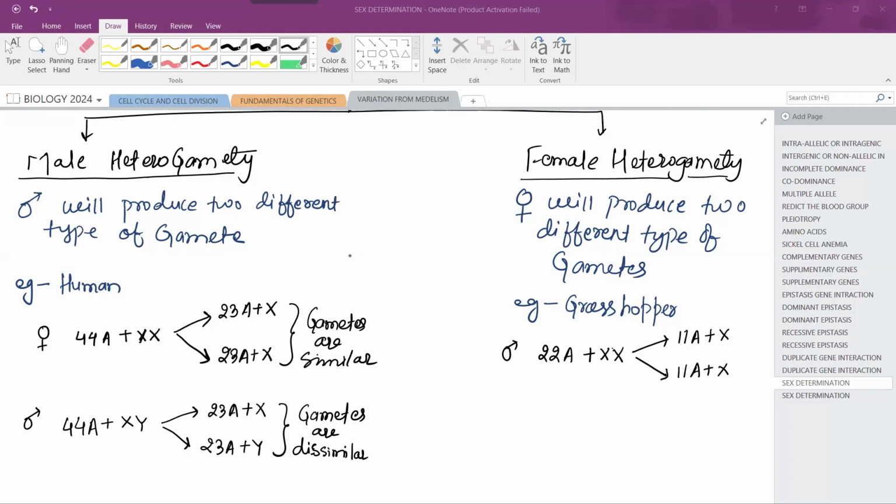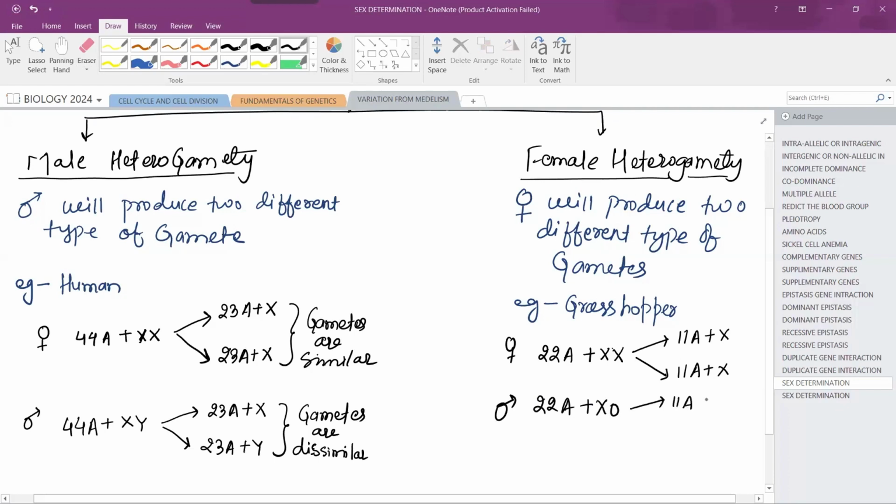Let me draw this. This is the case of female heterogamete. This is the female and this is the male having 22A plus X0 chromosome.